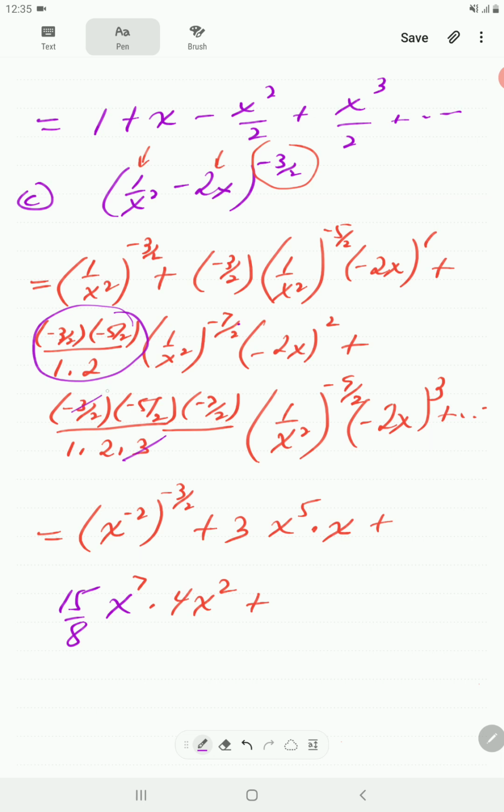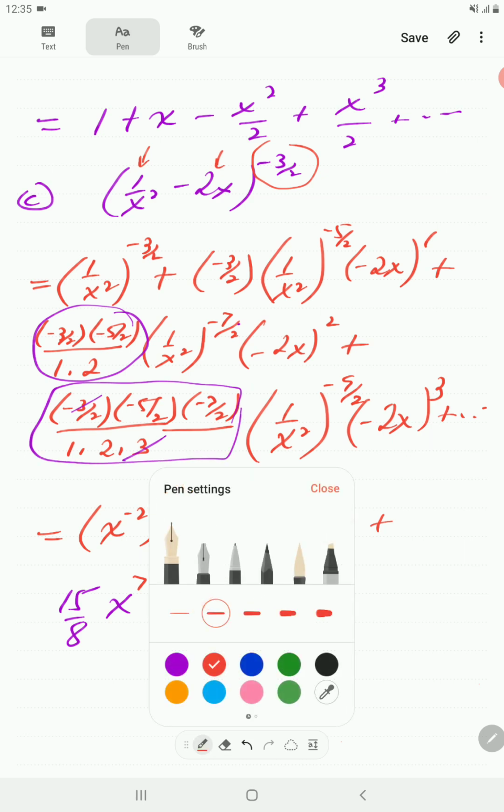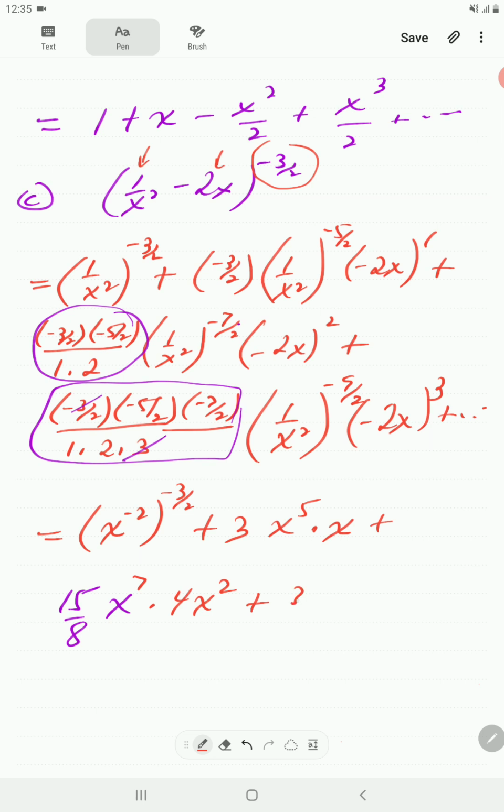This 3 cancels out with a 3, and then this group of terms is going to give us 35 over, that's 2, 4, 8, 16, x to the power 9, 8 times x cubed.